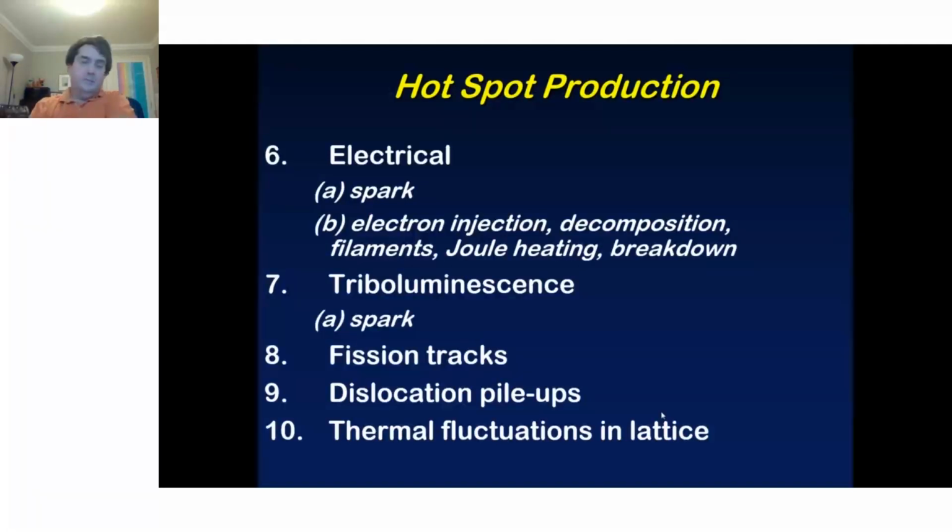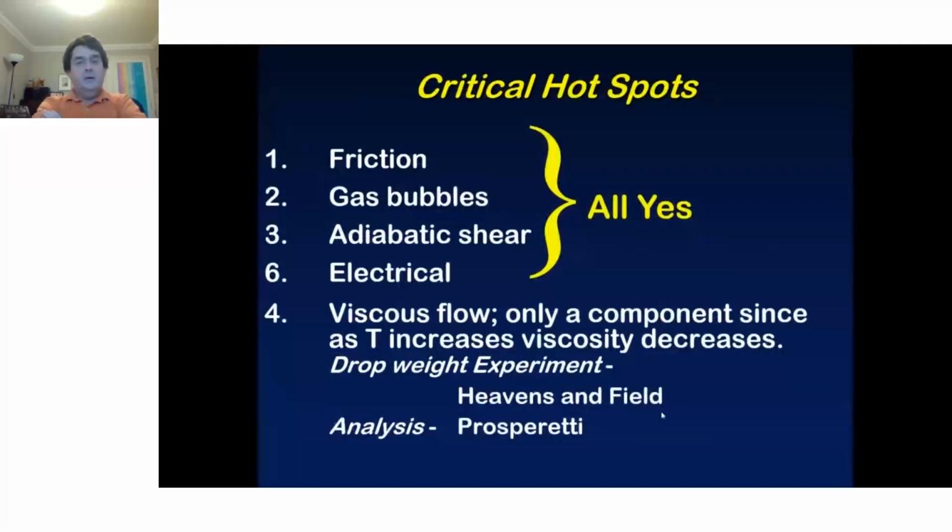However, of those different mechanisms, these are the ones that actually form into the hotspot. So friction, gas bubbles, adiabatic shear, and electrical are very much key mechanisms. Viscous flow within the material helps, but since viscosity tends to decrease as temperature increases, it contributes, but in itself it's not a critical mechanism.